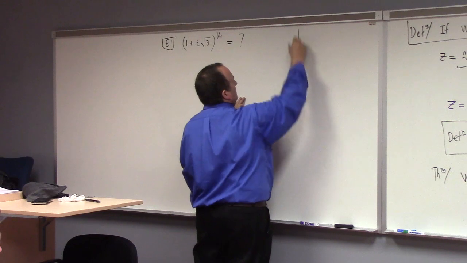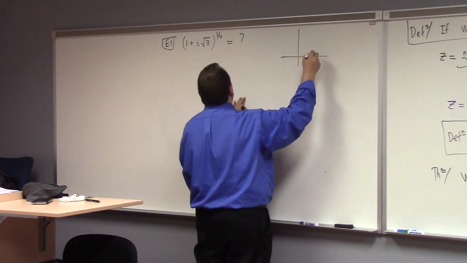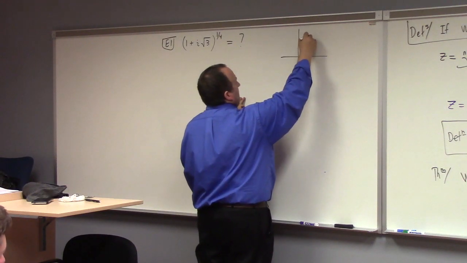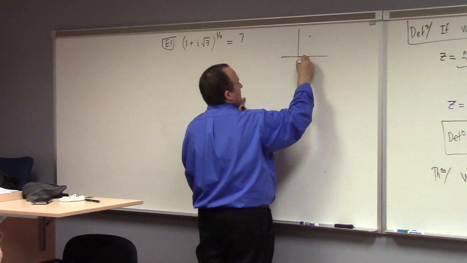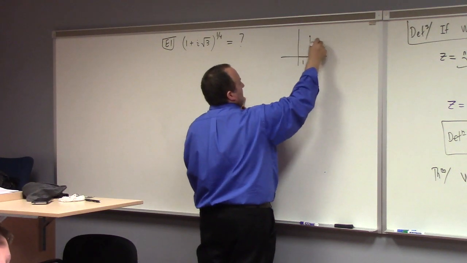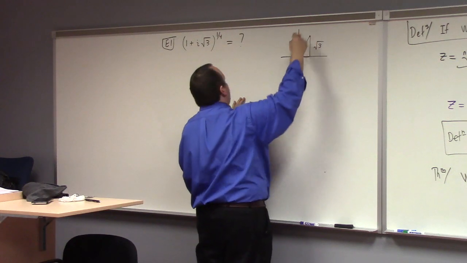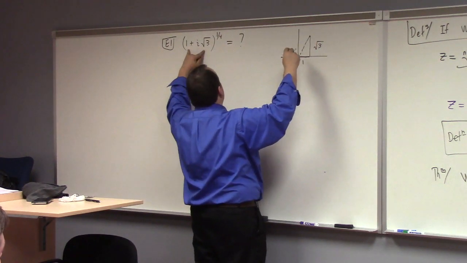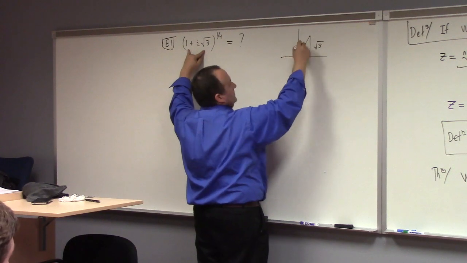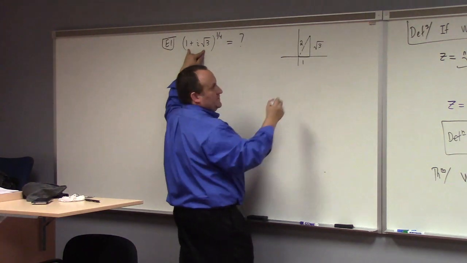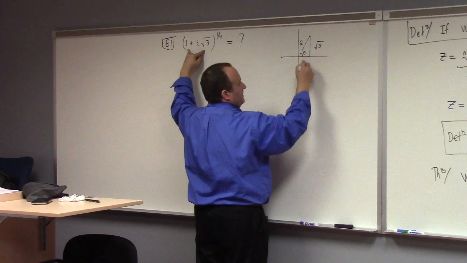What's that number? 1 plus i root 3, so it's like here. This distance is 1. This distance is the square root of 3. What's this distance? What's the magnitude of that? 2? Okay, cool.